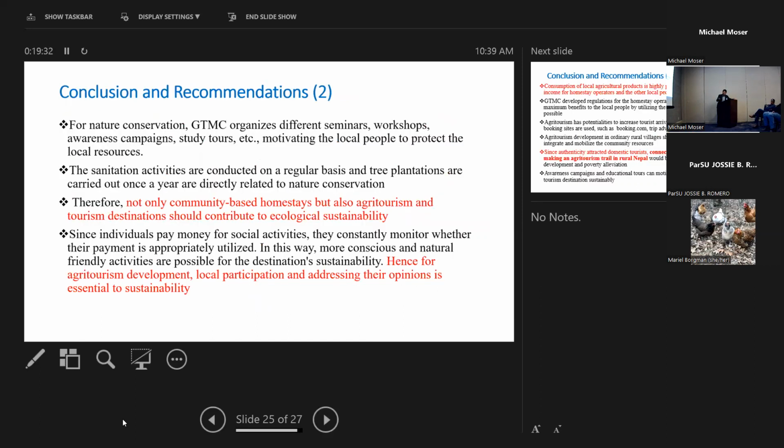The sanitation activities conducted on a regular basis, and tree plantation carried out once a year, are directly related to nature conservation. Therefore, not only community-based homestays, but also agritourism and other tourism destinations can contribute to ecological sustainability in the village.